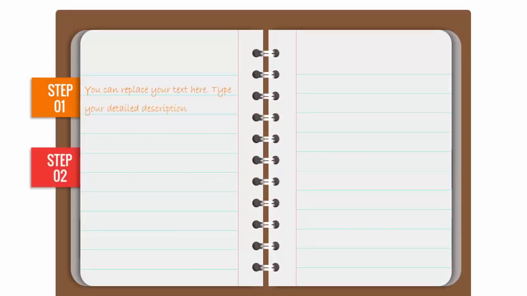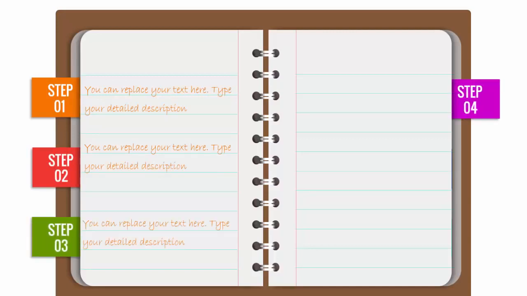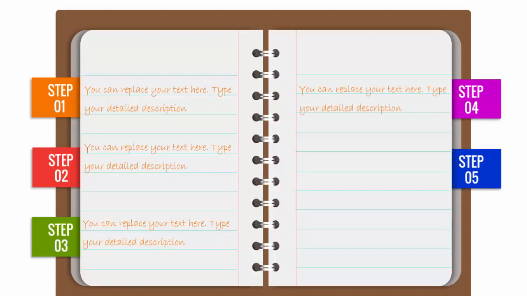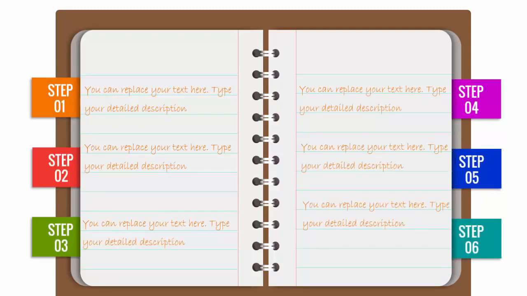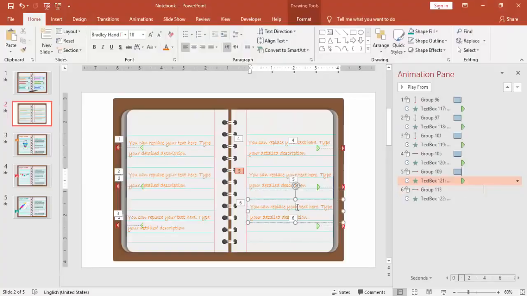So if you see this one, step 1 will come and the text, then step 2 the text, step 3 and the text, likewise 4, 5 and 6. The 6th text is not aligned properly, we have to align it.